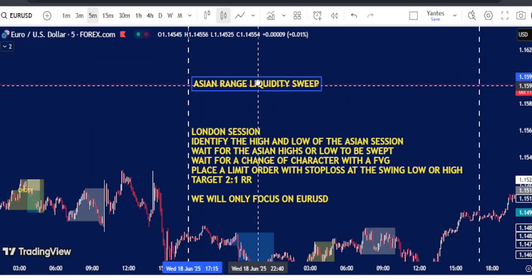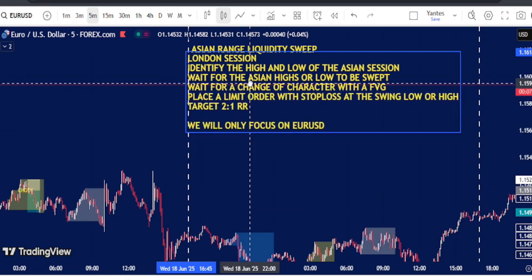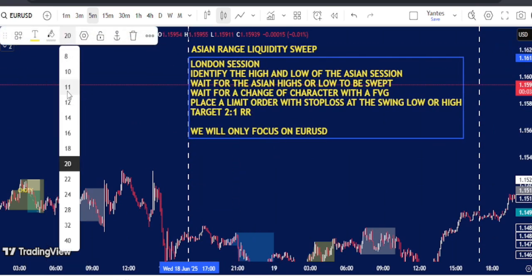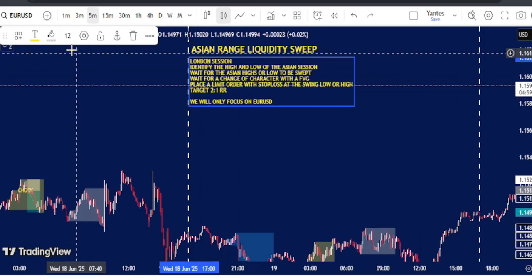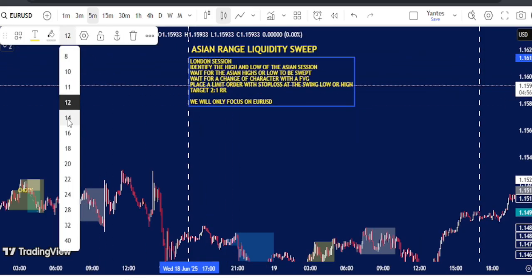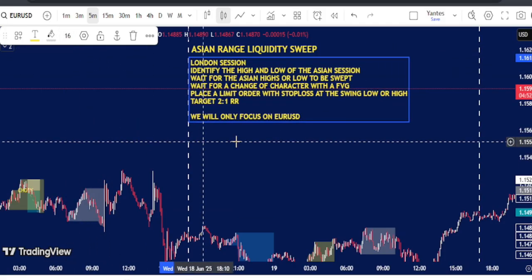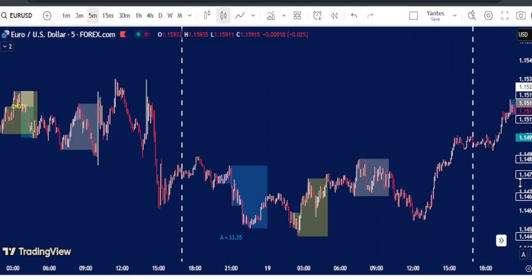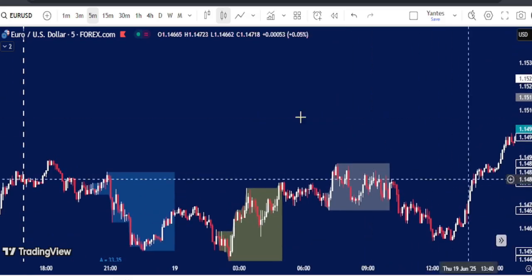Guys, this strategy can work on any pair, gold and any other pair, GBP USD, USD JPY, but personally I prefer to trade the Euro USD. Now on to our first point.